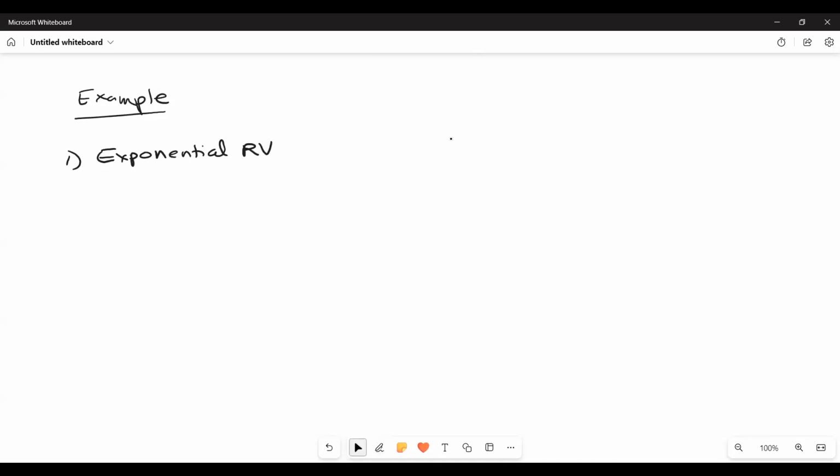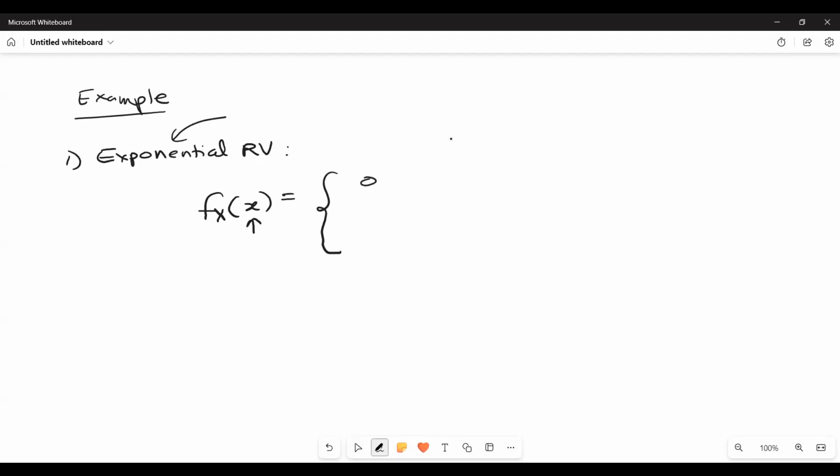That random variable has an exponential distribution, and the distribution of that exponential random variable we have been given. This exponential random variable is denoted by simple x.